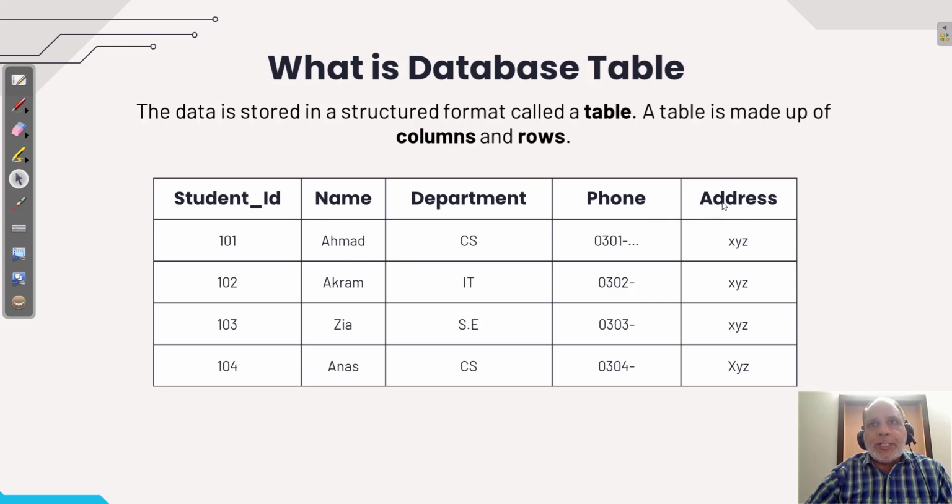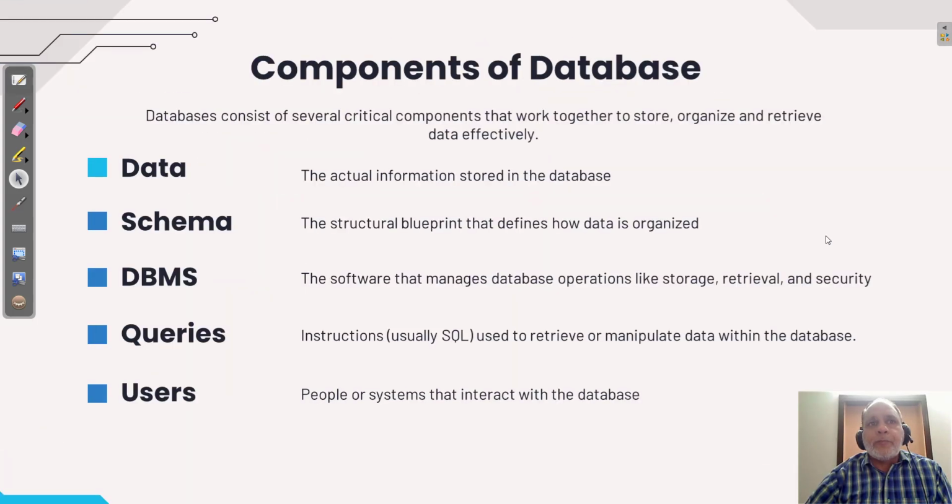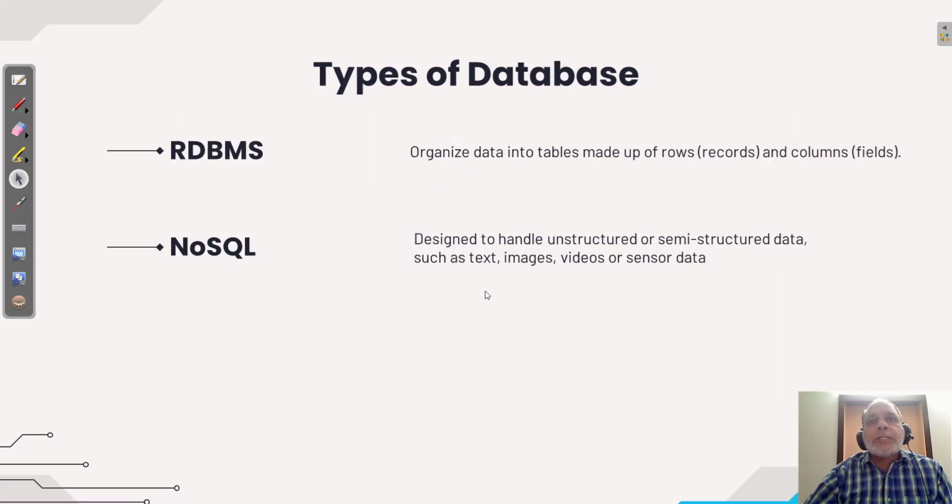We first create this structure, which is called the schema, and then we add the data into it. So RDBMS is for storing structured data, but NoSQL is for saving unstructured data, just like text, images, videos, and sensor data, etc.